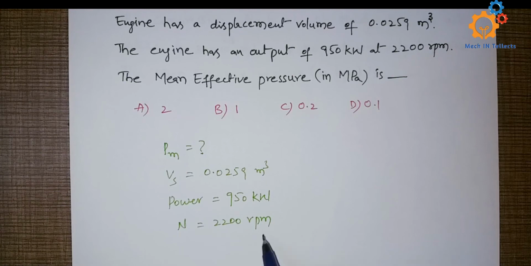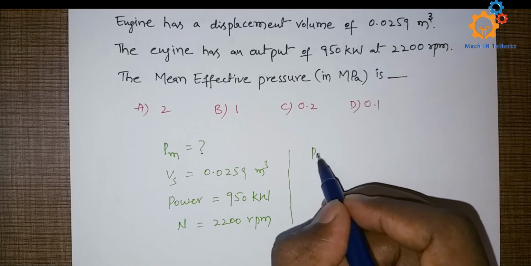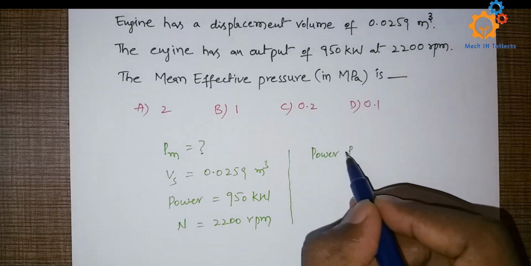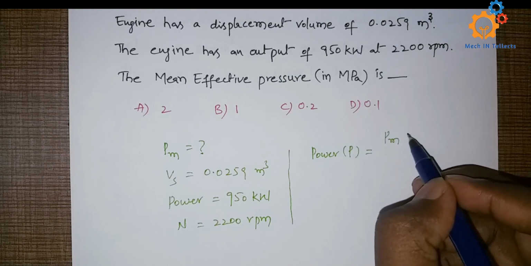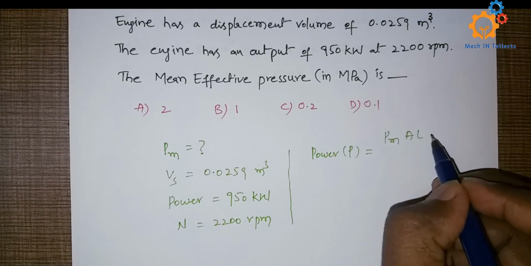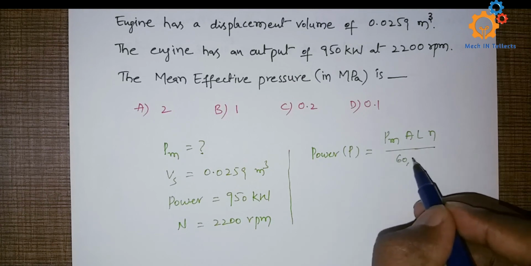So when the speed of the engine is given and power output, we have a mean effective pressure formula, that is power output P is equal to mean effective pressure into area into length into small n by 60,000.